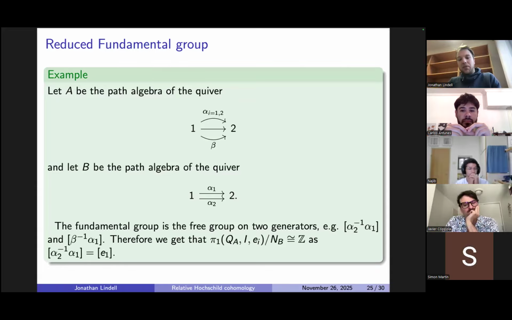But when we take the contracted fundamental group and quotient, we kill the generator alpha 2, alpha 1.